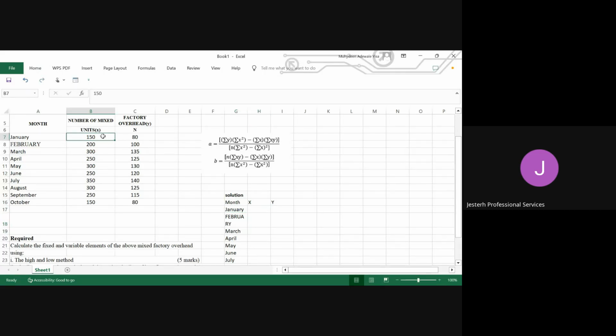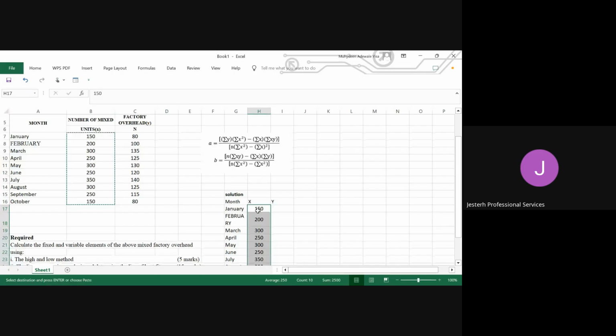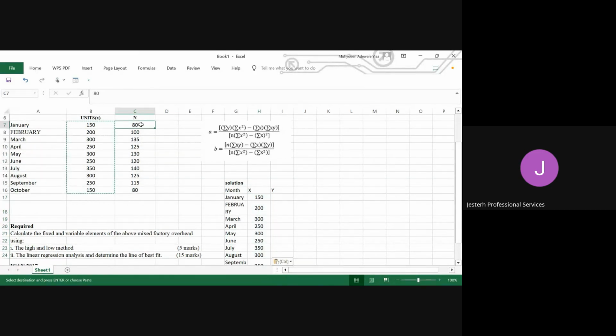Now, as you can see, I will just copy our Y and paste it under Y. Then our X, which is the level of activities, I will also place it under X. Now the available data, we have put them in the necessary positions.